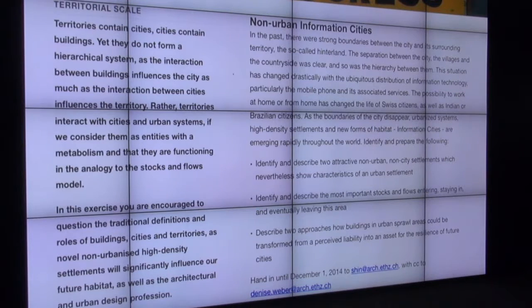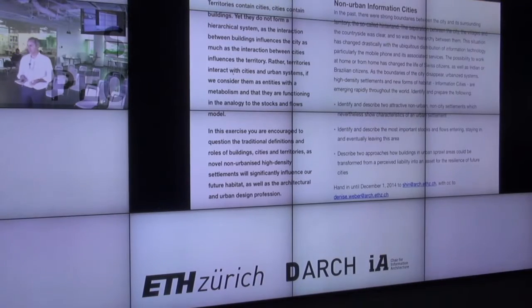The exercise has 3 parts. The first one is to identify and describe 2 attractive non-urban, non-city settlements which nevertheless show characteristics of an urban settlement. Either in your vicinity, where you come from, where you live now, or other places that you might not be familiar with in terms of living there, but that you know very well from literature.